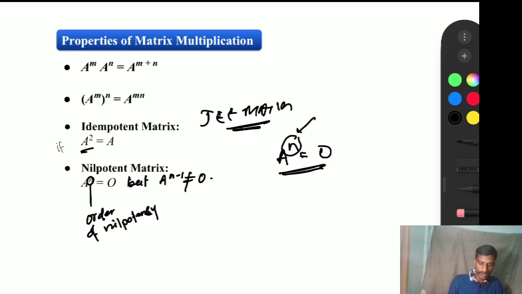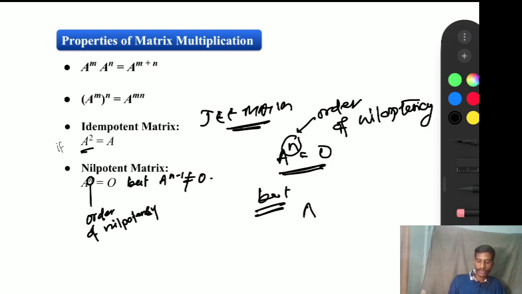And here n is called the order of nilpotency. But one condition you have to keep in your mind is that A raised to the power n minus 1 should not be equal to 0.